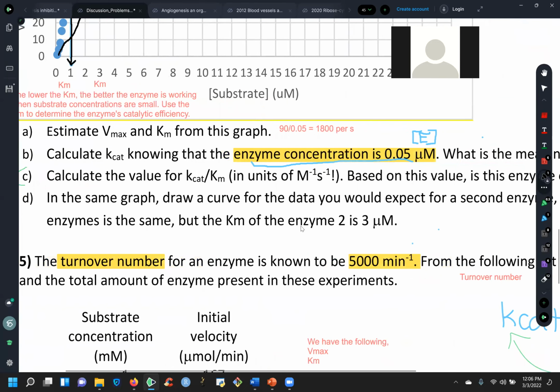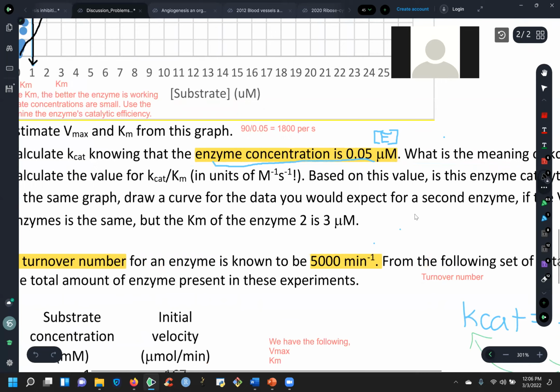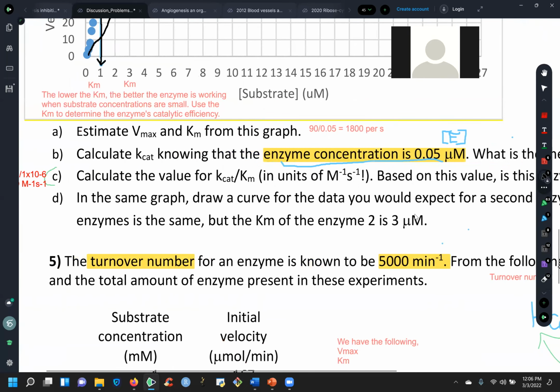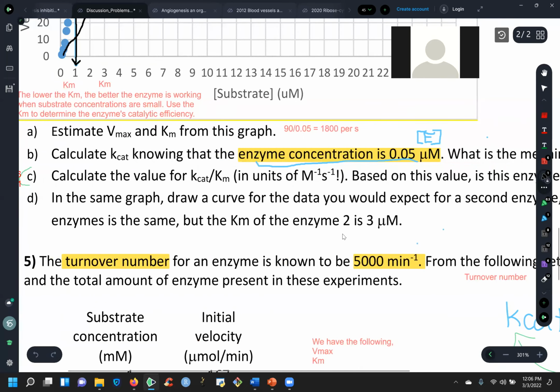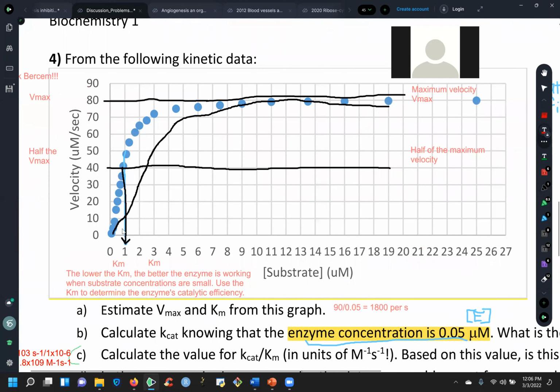In the same graph, draw a curve for the data you would expect for a second enzyme if the Vmax for both enzymes is the same, but the Km for enzyme 2 is 3 micromolar. So they're saying draw another line for another enzyme, but this time the Km is 3 micromolar for that enzyme. So I drew it out here, and they said the Vmax is the same, so I kept it at 80, and you always have to start from the beginning.